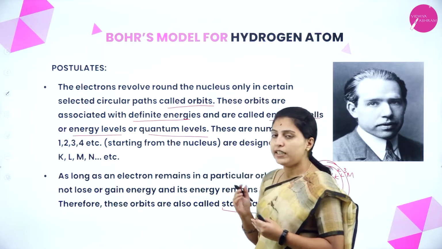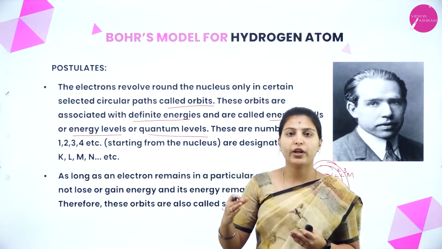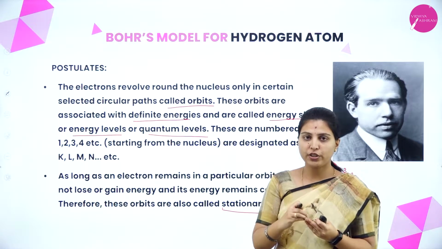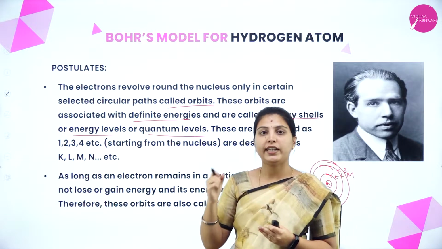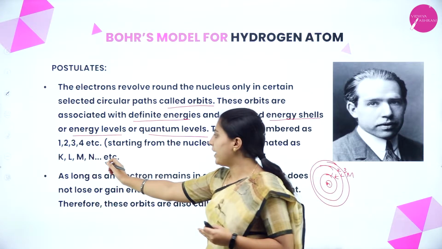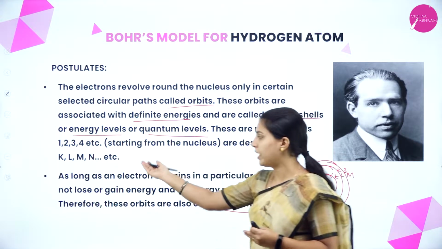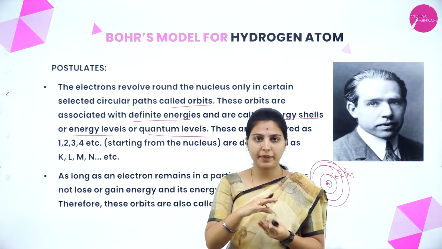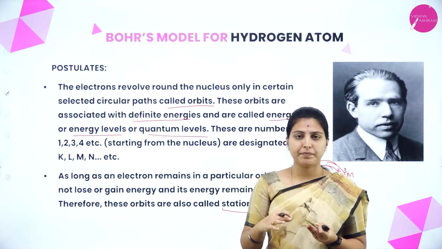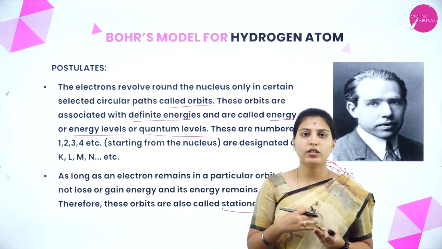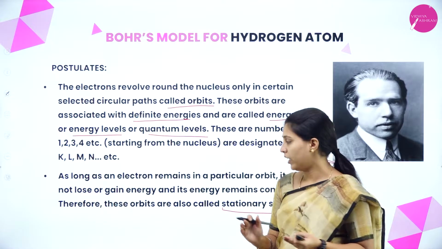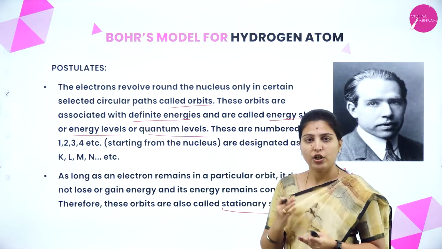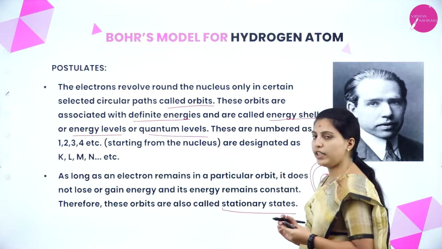These are numbered as 1, 2, 3, 4 etc., starting from the nucleus, and they are designated as K, L, M, N. These are the main shell names. As long as the electron stays in the same orbit, it doesn't lose or radiate any energy. It will be in a stationary or constant phase. That state we call a stationary state.